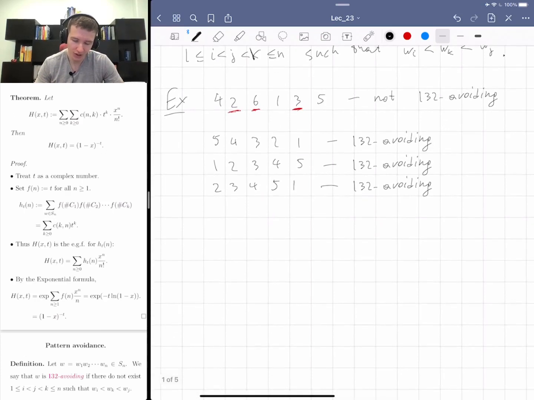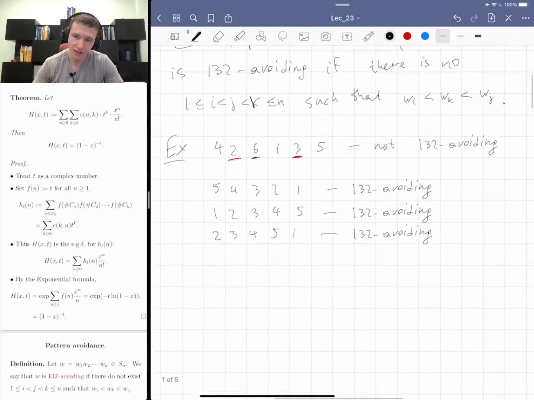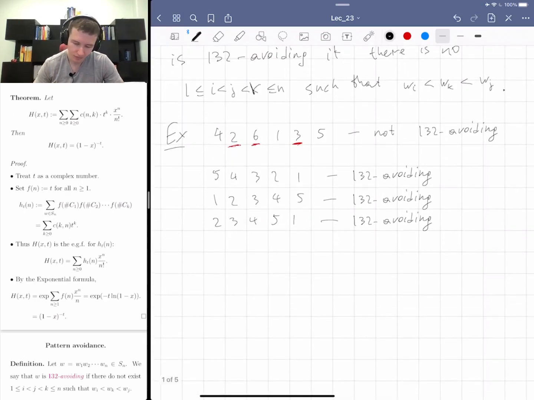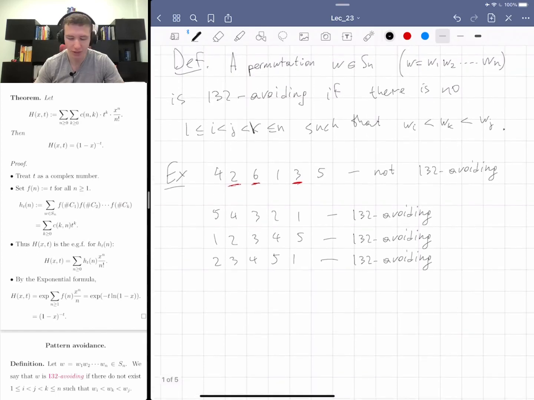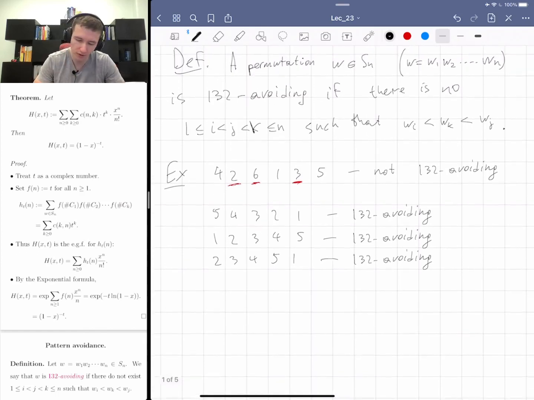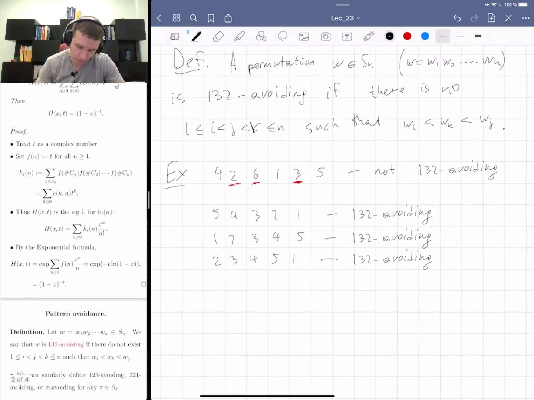Anyways, here's the question. But before I talk about how many there are, and I'm not going to actually prove it, even though for 1, 3, 2 it's pretty easy, let me mention that you can also define the same thing similarly. One can define 1, 2, 3 avoiding, 3, 1, 2 avoiding, and any other pattern.